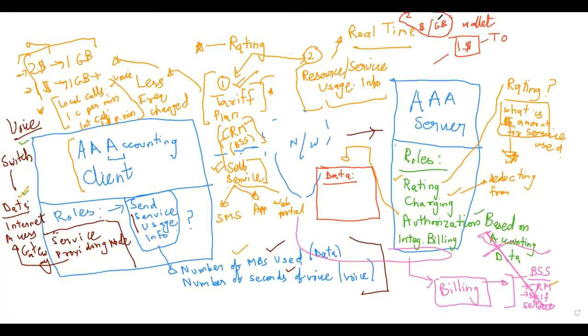I consume 1 GB, $2 are deducted, right? So let's say whatever the earlier pattern of usage was, at some point in time I have $1 in my account and I'm still downloading a heavy file. So all of this goes on, and the AAA accounting client sends the service usage info. Now this is the interesting part.